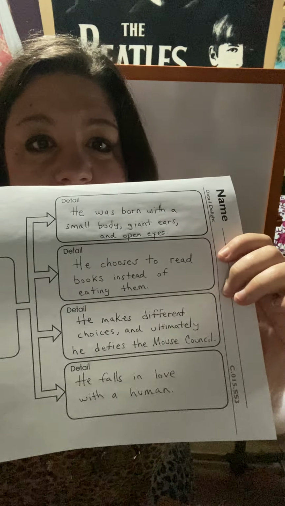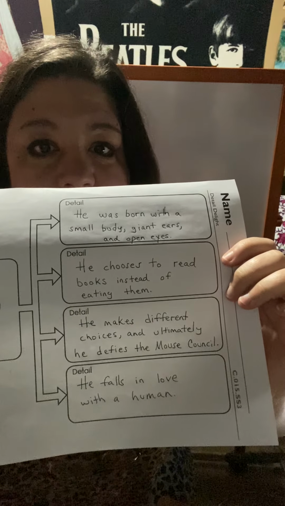What is one last thing he did that made him no ordinary mouse? Well, he fell in love with a human. And I wrote, he falls in love with a human. Who was that human? It was Princess Pea. He fell in love with Princess Pea. All right. That's that one.